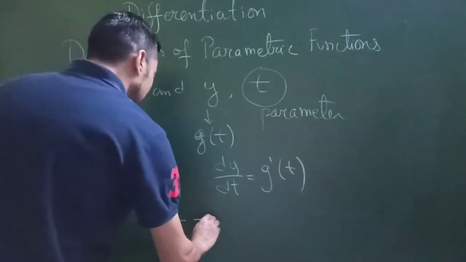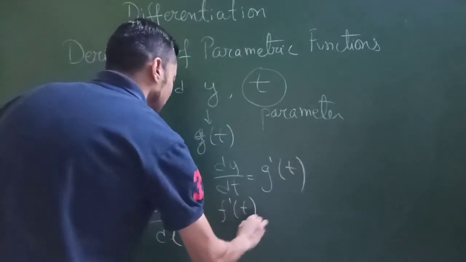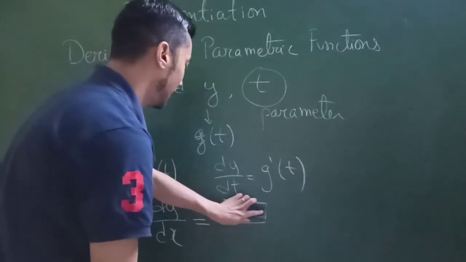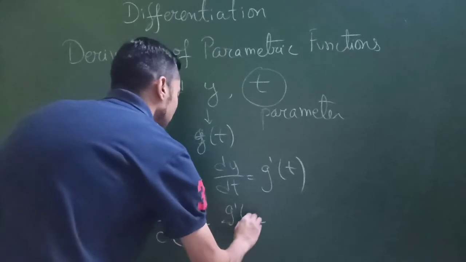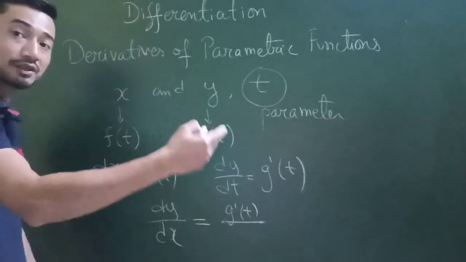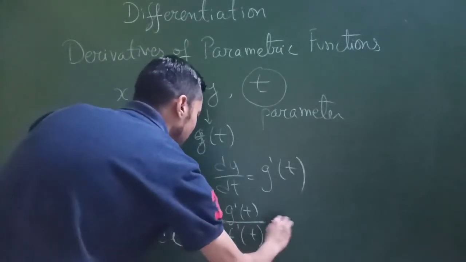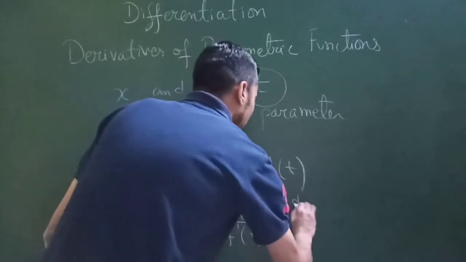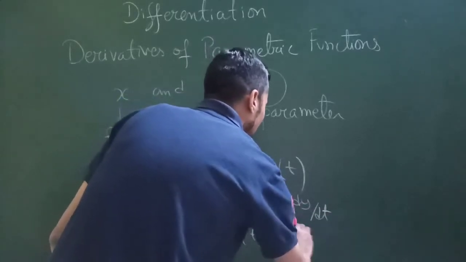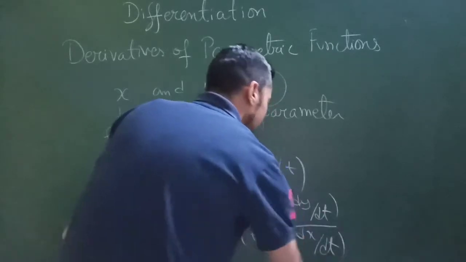It is a simple concept: g dash of t, the derivative of the second function with respect to the parameter, divided by f dash of t. In other words, dy by dt divided by dx by dt. Remember, t is the parameter here.